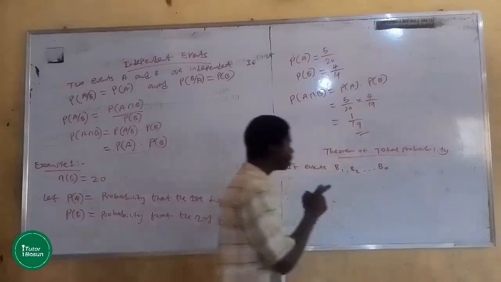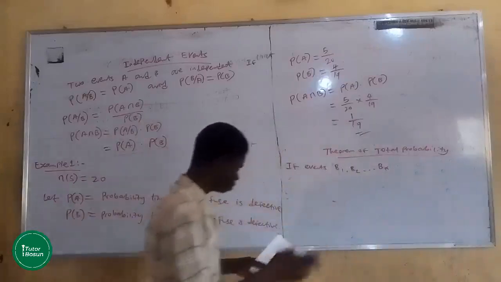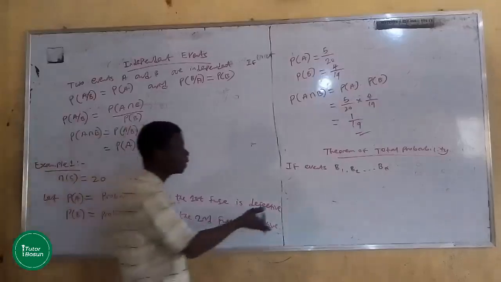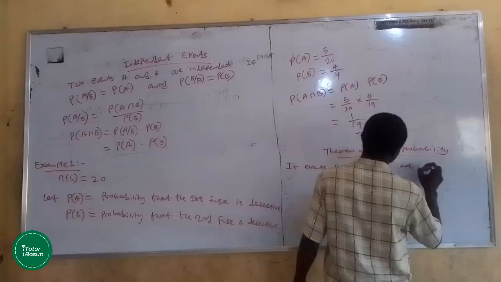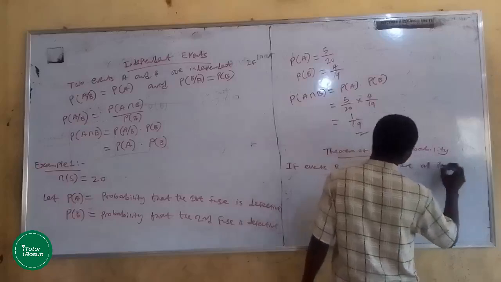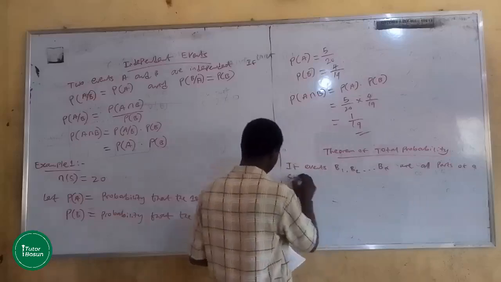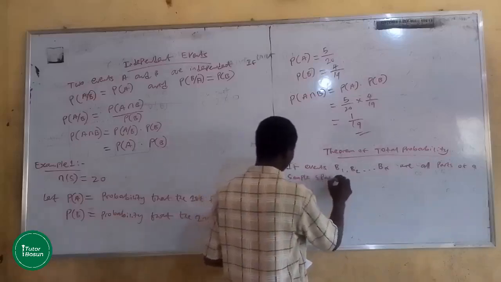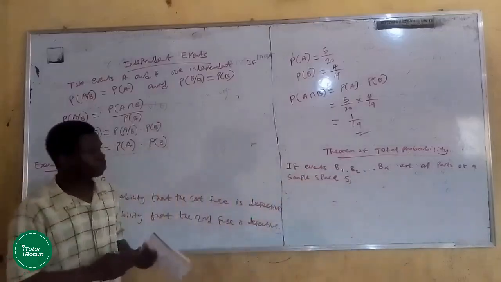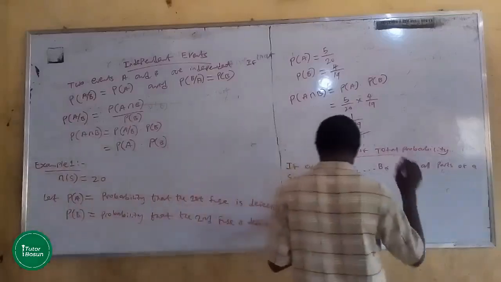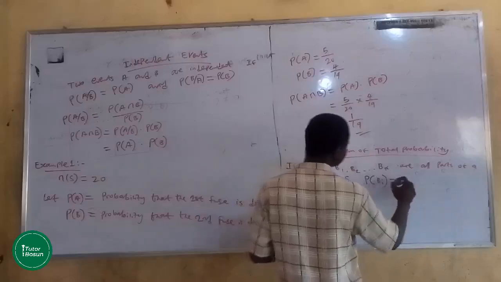It says if they are a partition of the sample space, that is, if all these events are all parts of a sample space S, where the probability of Bi is not equal to 0.